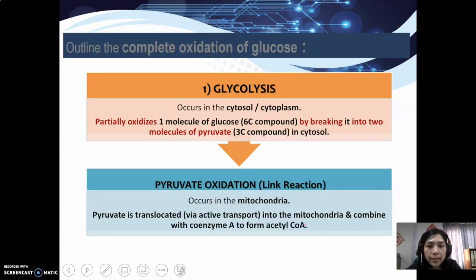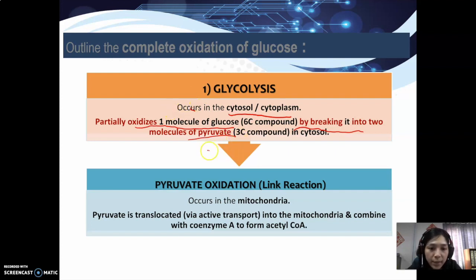Glycolysis occurs in the cytoplasm of the cell, also called the cytosol. It partially oxidizes one molecule of glucose by breaking it into two molecules of pyruvate in the cytoplasm. The details of the process we will learn in the tutorial later.